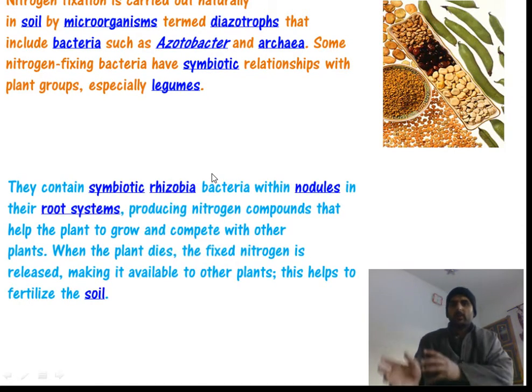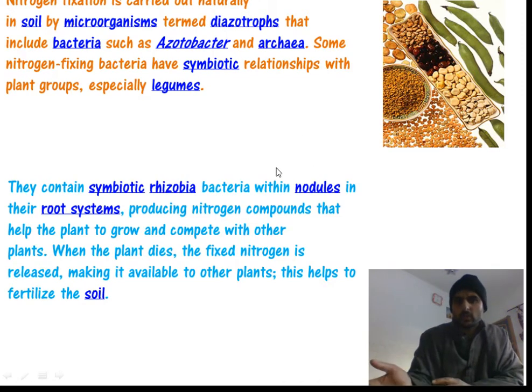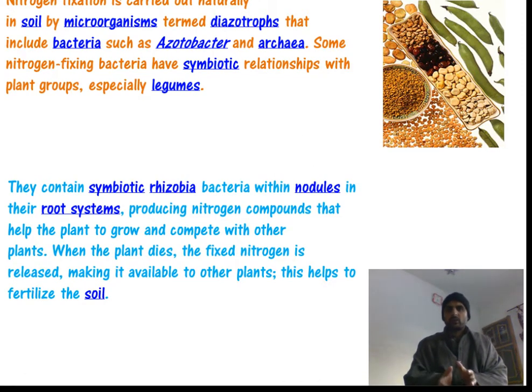We must have heard about the symbiotic Rhizobium bacteria, which live in the root nodules of leguminous plants, and they fix atmospheric nitrogen there. And when these plants die, this nitrogen becomes readily available to the plants.